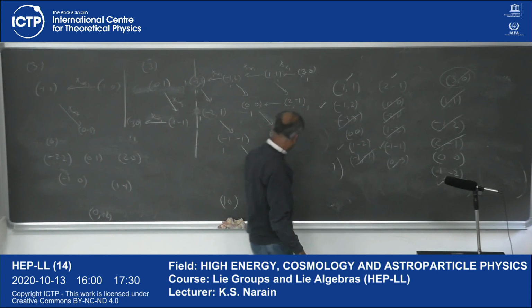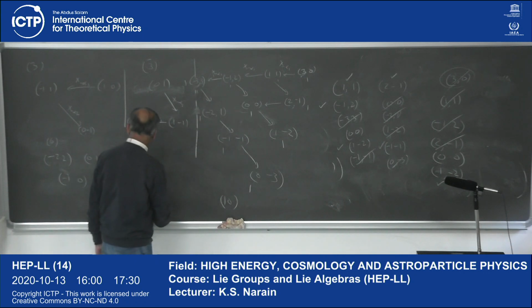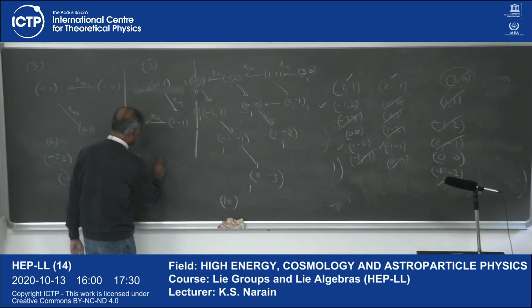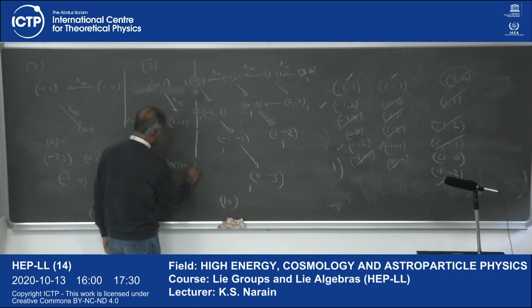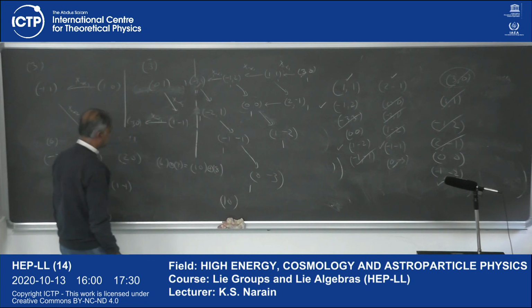Okay? So what we are saying is that, so the upshot is 6 times 3 is 10 plus 8, an adjoint representation.